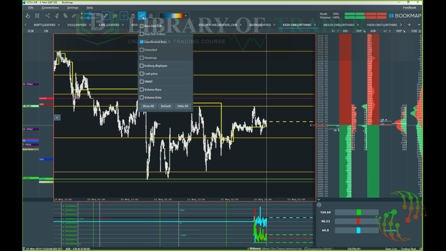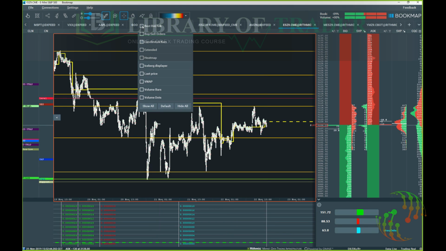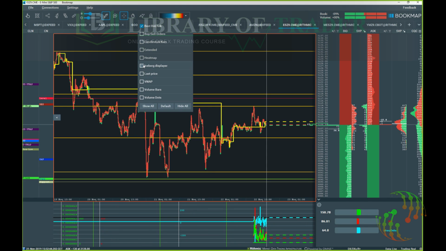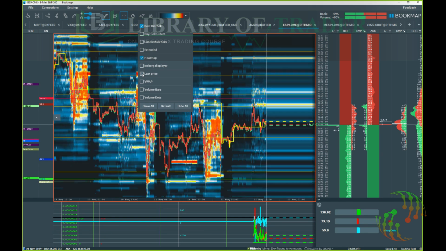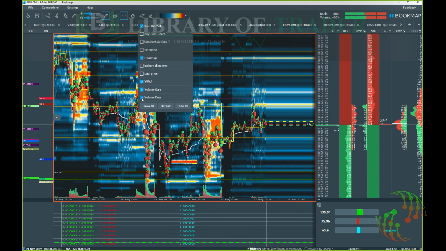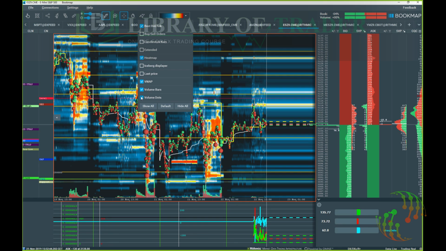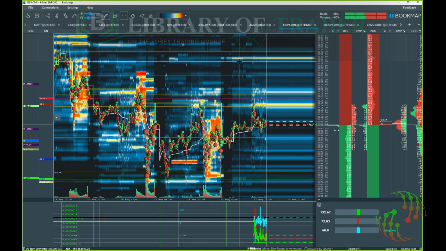Then go back, deselect the candlesticks and mark best bid, best ask, heat map, VWAP, volume bars, volume dots. I think that was it for this chart.